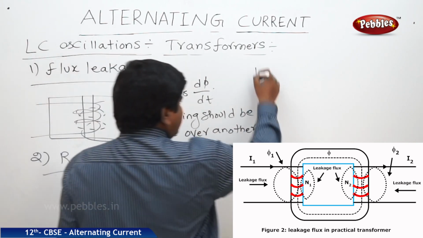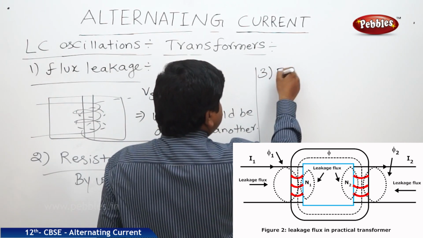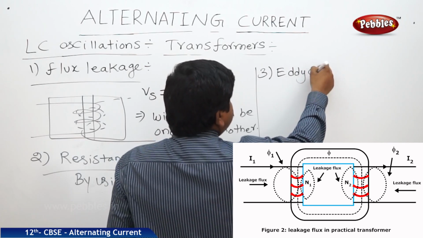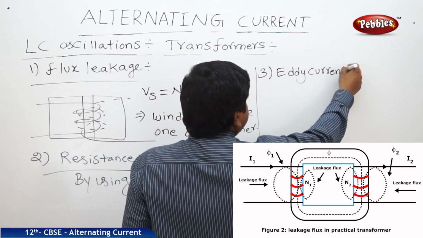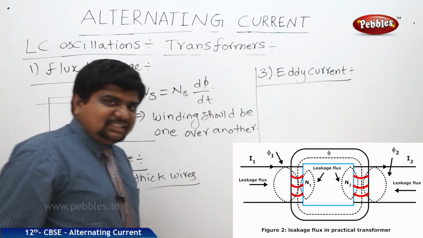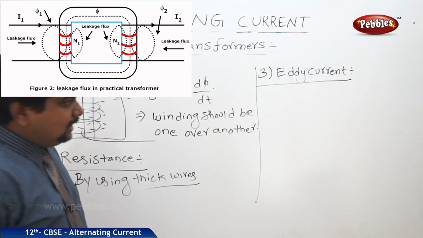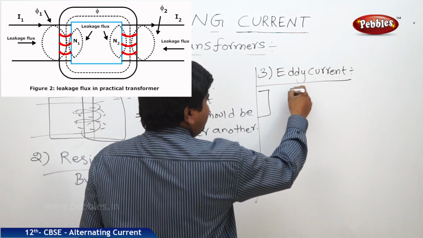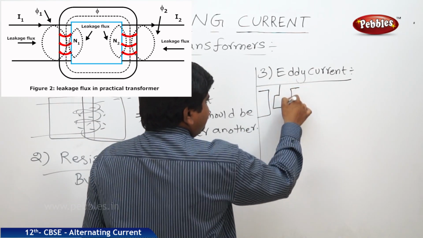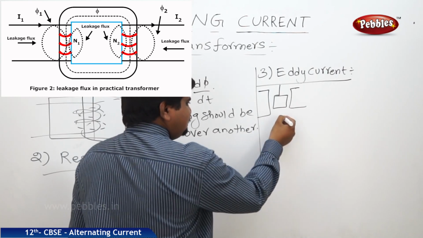The third one is eddy currents. Because of eddy currents, there is an oscillation in the frequency of the voltage sources. Eddy current means there are two magnetic poles. One metal is pivoted like this and it will oscillate like this.